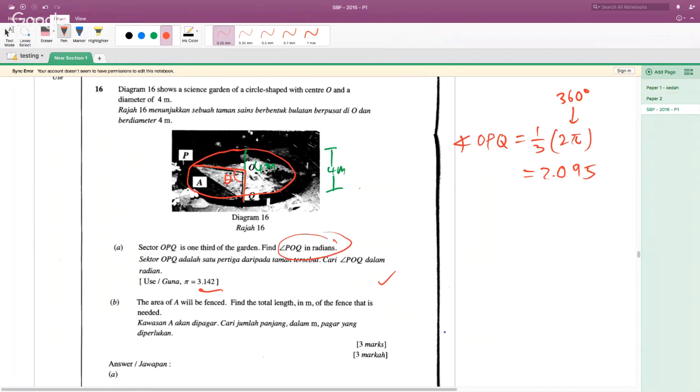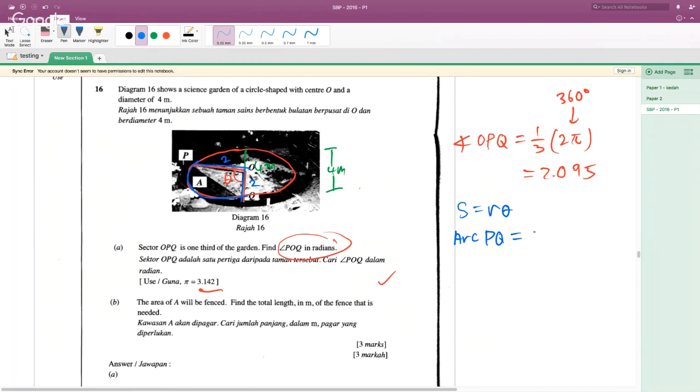For area A, find the total length of the fence that is needed. That means they ask you to find the perimeter of area A, which I drew in blue. Since this is the radius, I know this is 2 meters, and this is also 2 meters. I just need to find the arc length. We know the formula for arc length, s equals r theta, for arc PQ.